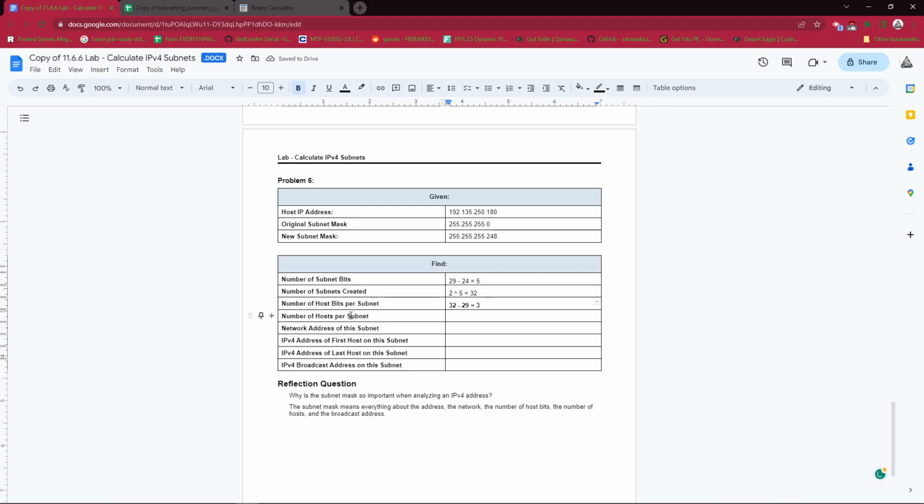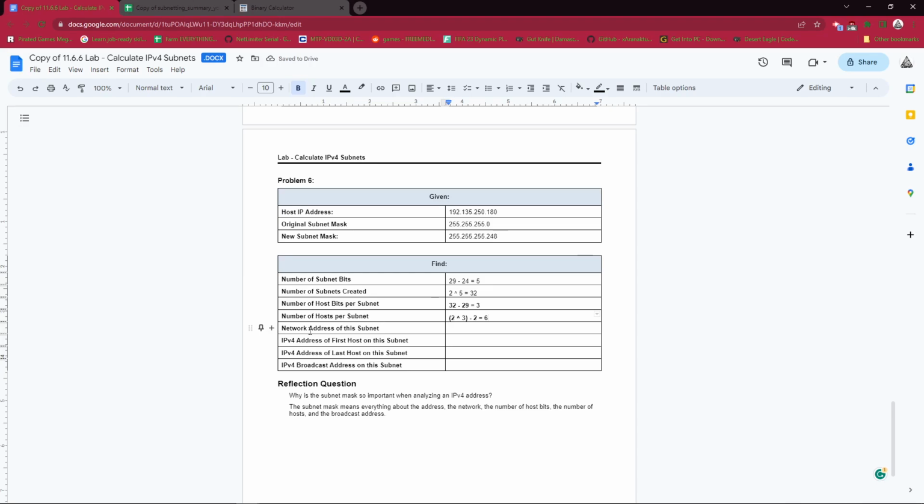For the number of hosts per subnet, we do 2 to the power of the number of host bits per subnet, which is 3, and then minus 2. So the answer is 6.